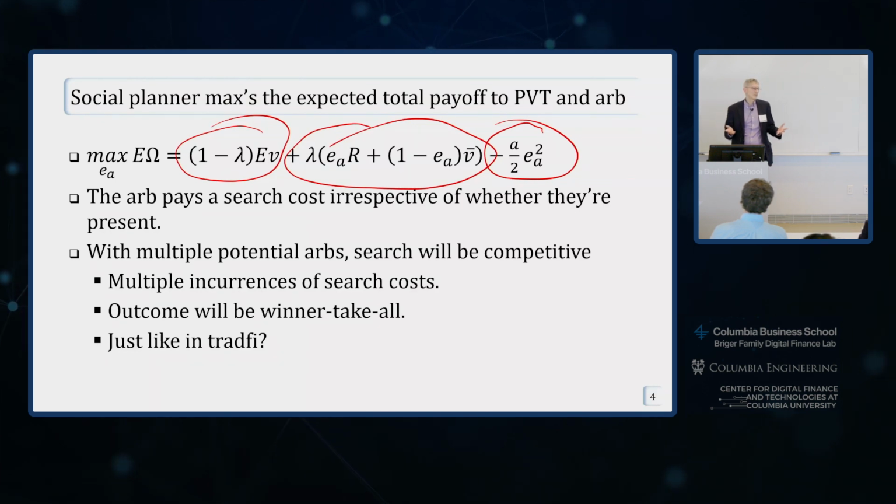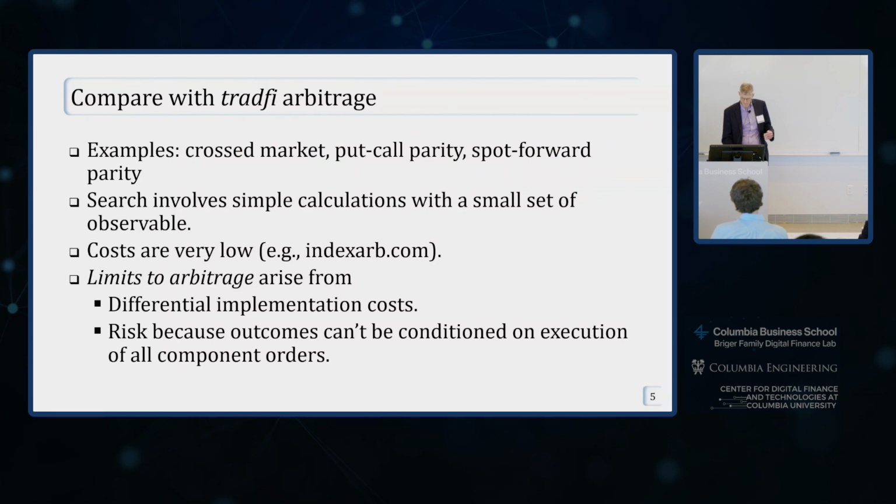Now, isn't this just like what we have in traditional finance? Think about traditional finance arbitrages, some of the simple ones: a crossed market, put-call parity, forward spot parity like we saw in the last paper. The search costs here are pretty low.